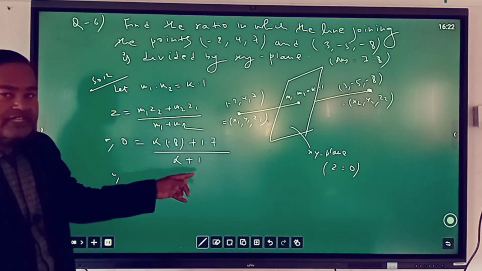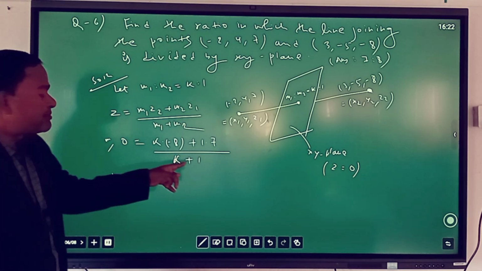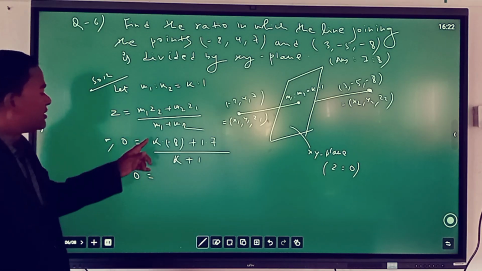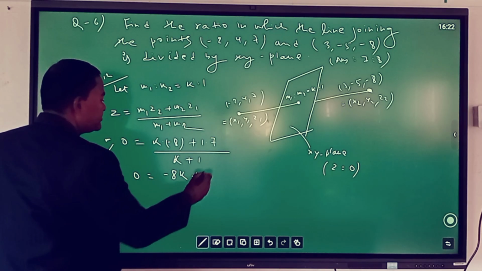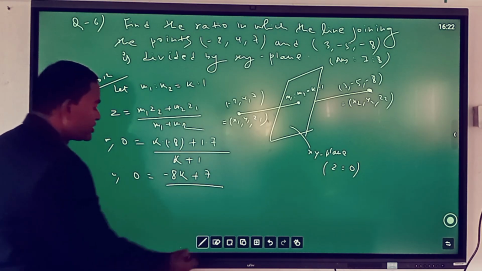So let's do cross multiplication. After cross multiplication, 0 times (k plus 1) we get 0, equal to -8 times k, we get -8k, plus 7 times 1, we get 7.